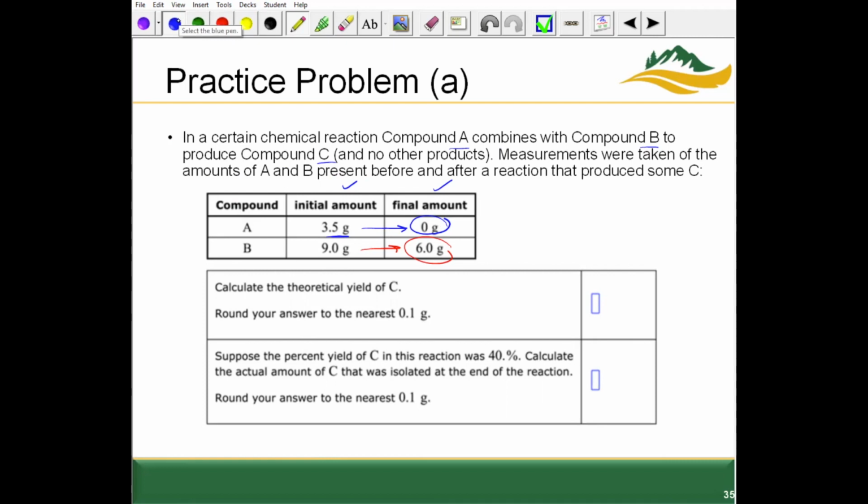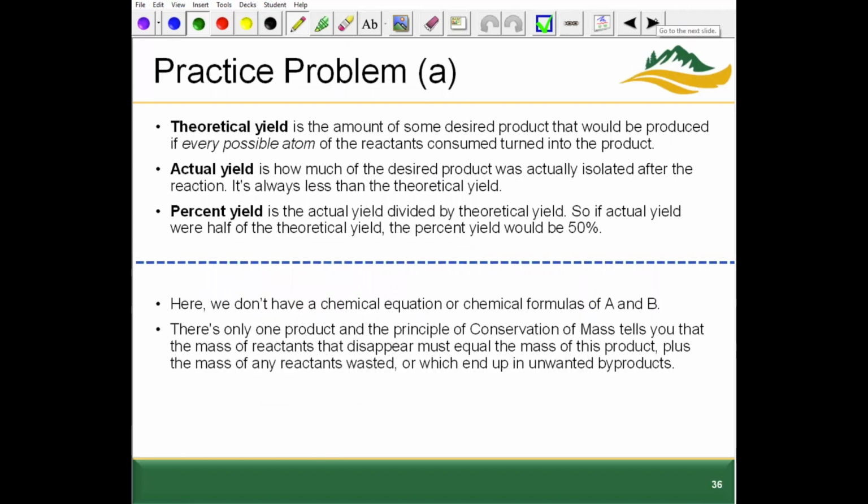From looking at this information, it's clear that A is our limiting reactant. So from this information, we're going to calculate the theoretical yield of C, and then suppose that the percent yield of C in the reaction was 40%, to then calculate the actual amount of C that was isolated at the end of this reaction.